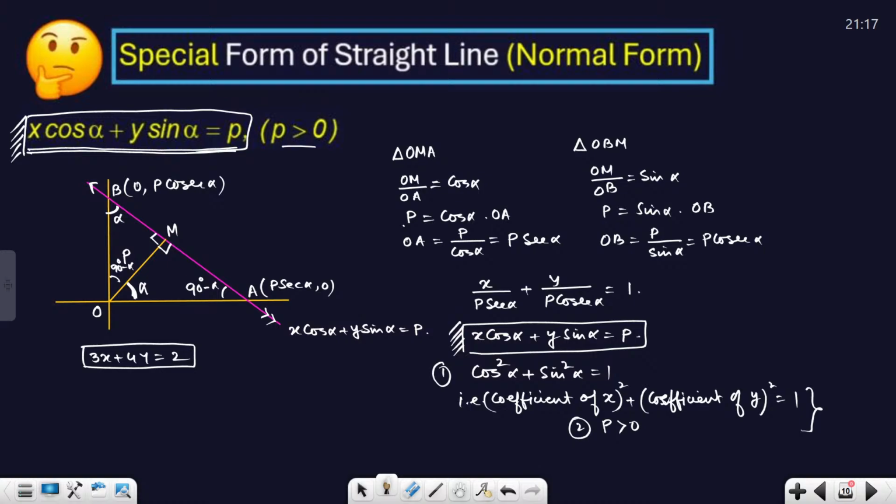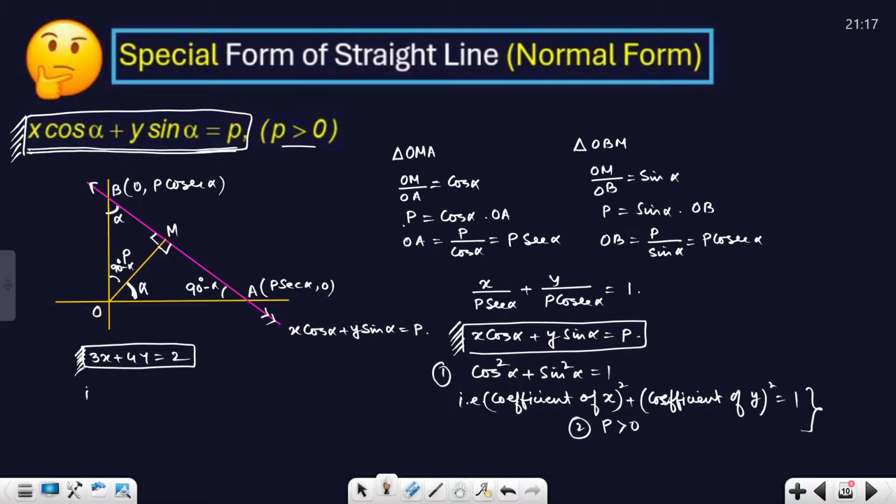So now, please see this question. In this one, 3x plus 4y equals to 2. The question is, is this equation a normal form? Answer is no. Why?